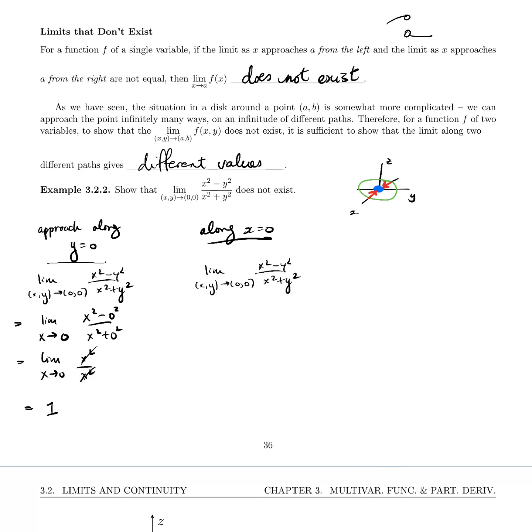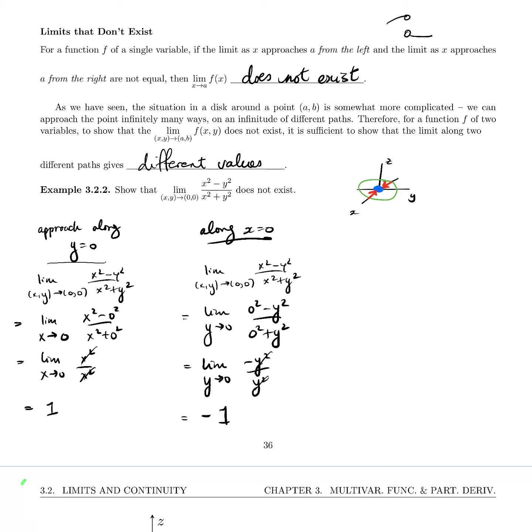Our limit is now equal to the limit as y approaches 0. We're going to plug in x equals 0. So 0 squared minus y squared over 0 squared plus y squared, which is the limit as y goes to 0 of minus y squared over y squared. Simplify again. The limit as y goes to 0 of minus 1 is minus 1.